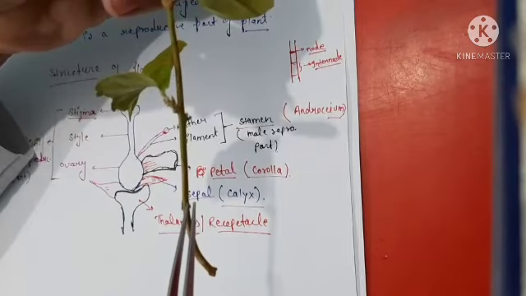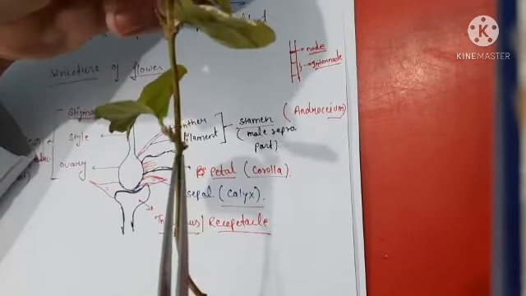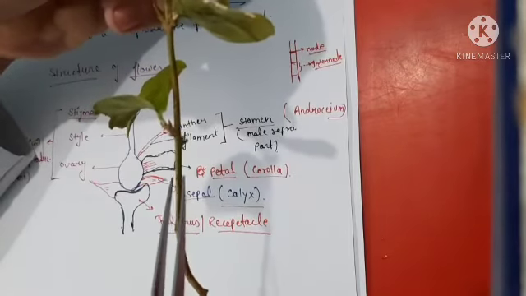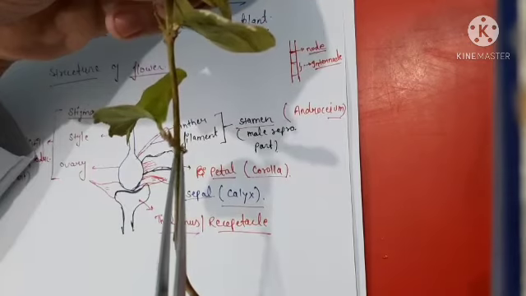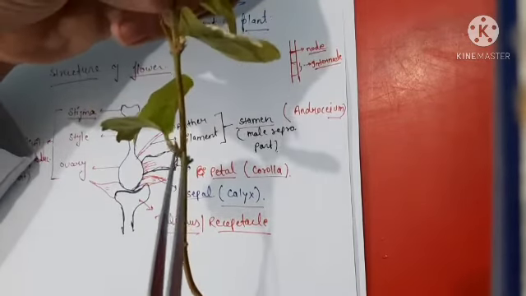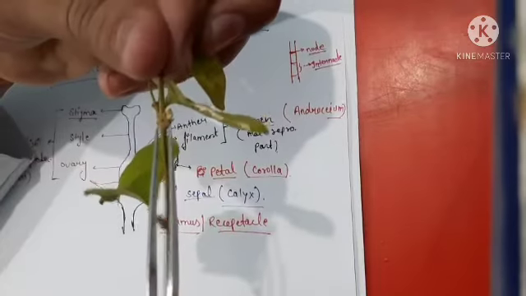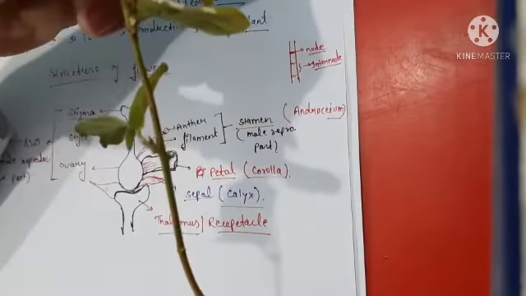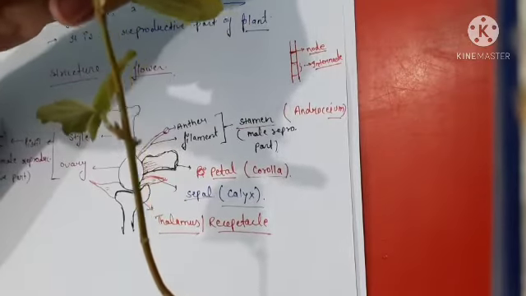This one is also a node, and the area between these two nodes is called internode. So from here to here is internode, and this point is called node. From where leaves originate, that point is called node.